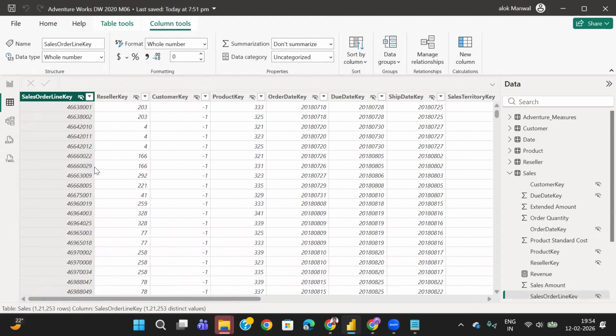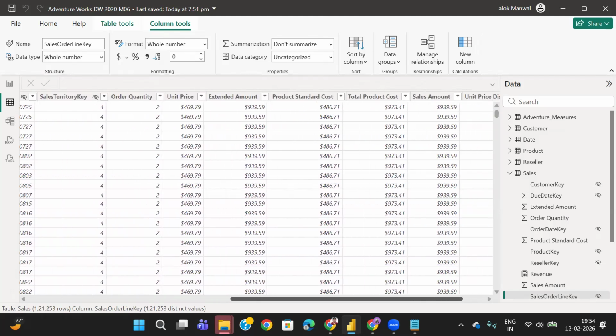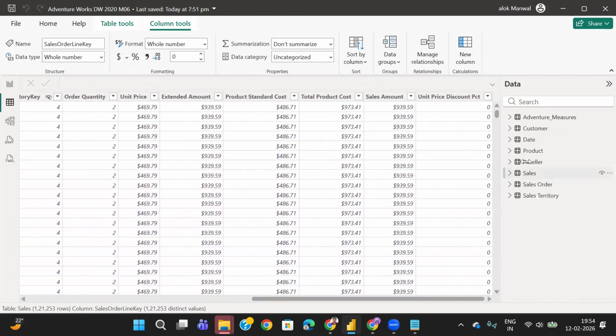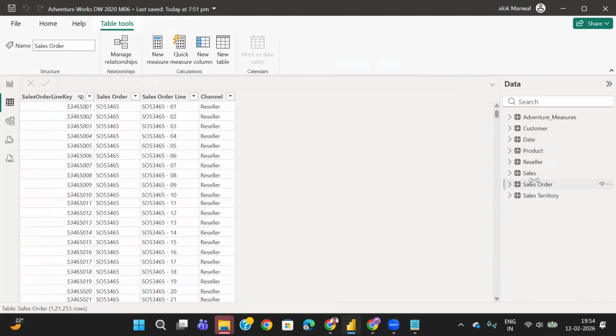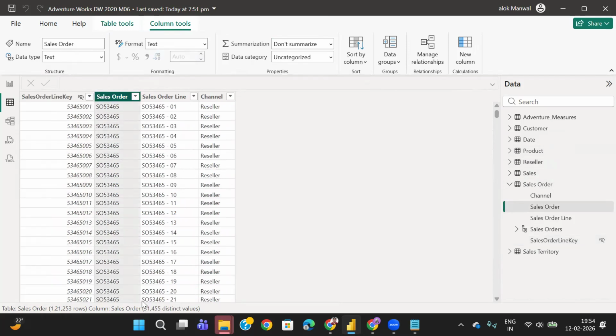So order line is basically, okay, order line, but I can't find the order here. Sales order is here. This is the order line, and this is the sales order, and sales orders are repetitive.